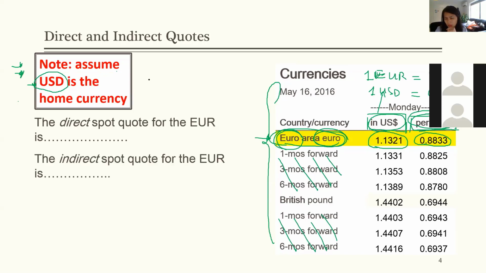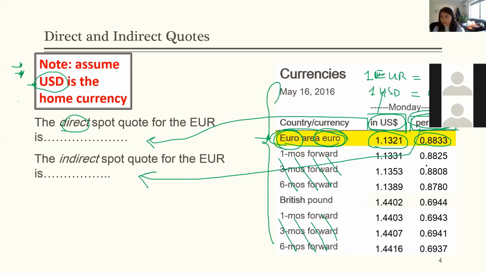By the way, if we are an American citizen, then the direct quote is the second column, and the indirect quote would be the third column. I'm going to explain this point again. Let me erase these first.